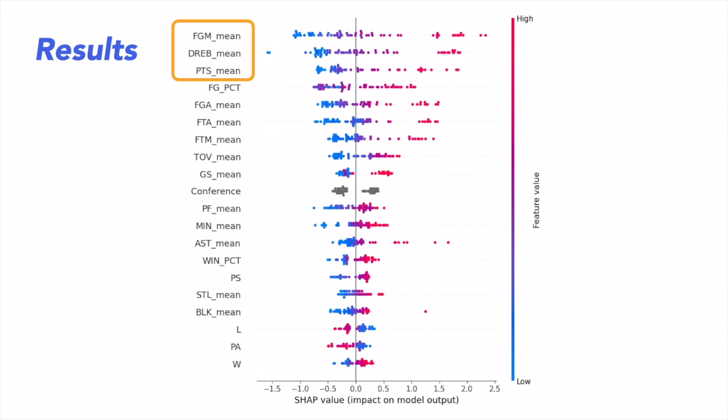FGM and points represent the offensive performance. Defensive rebound represents the defensive contribution. So it's a good sign that the model attaches balanced importance to offensive and defensive features. And it is good to see that if a player makes more shots, grabs more defensive rebounds, and scores more points, his rating will be higher. Also, the lower these values are, the lower the rating will be.